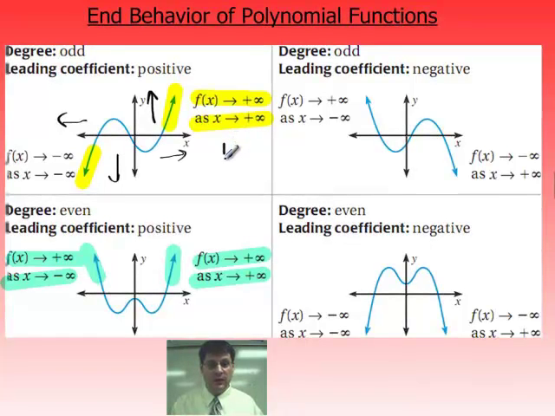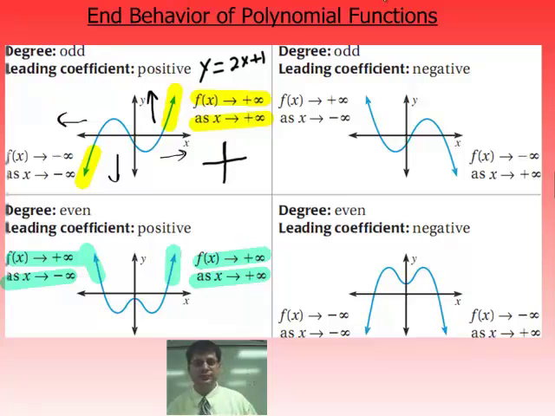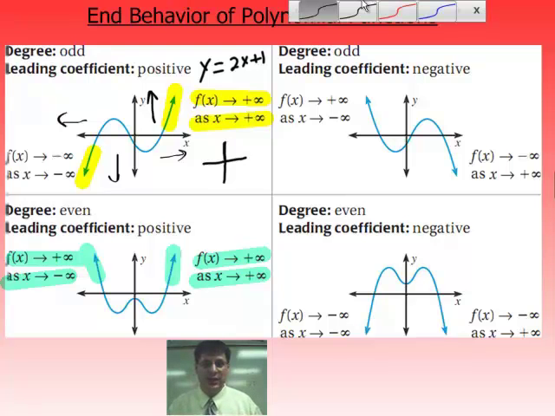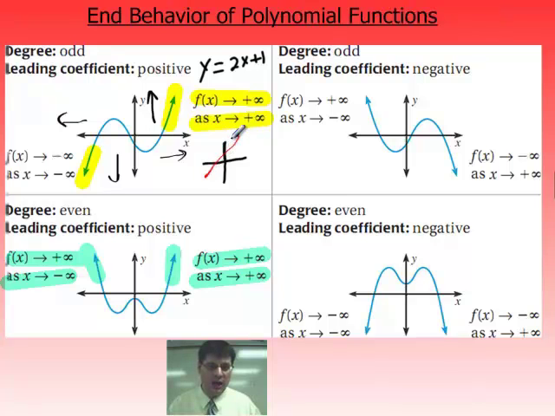So if you have a positive slope, let's say I have something like y equals 2x, and I'll just add a plus 1. If this is my axes, then if it's positive, we know it goes up.